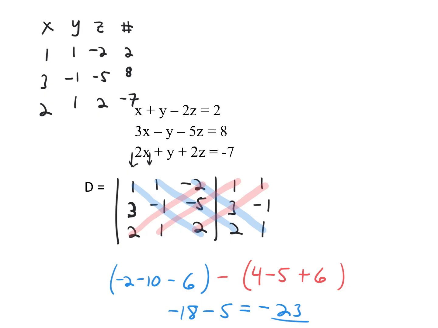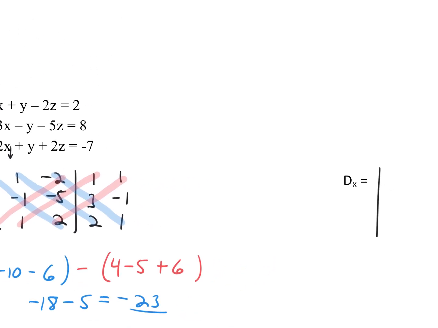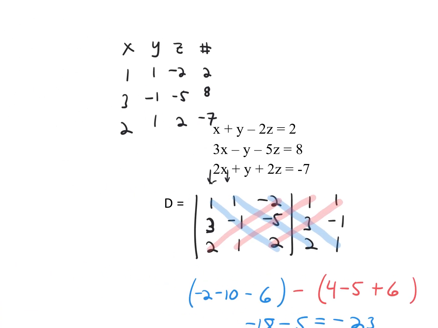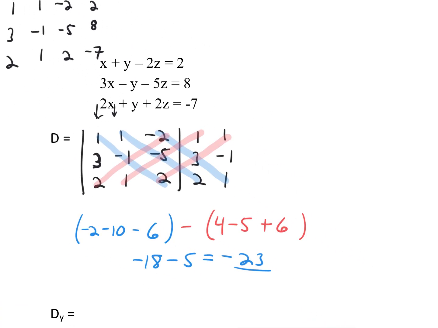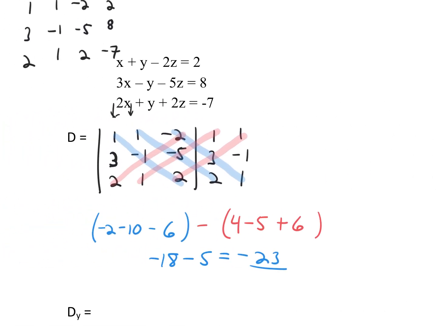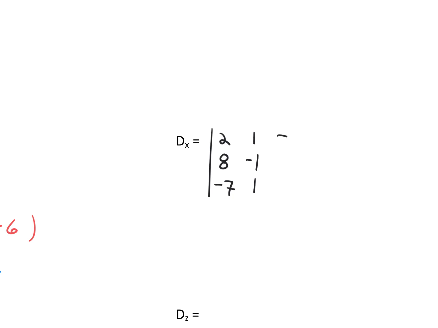For dx, we're going to replace the x column with 2, 8, and negative 7. And then y and z we're going to keep exactly the same. So 1, negative 1, 1. And then negative 2, negative 5, 2.